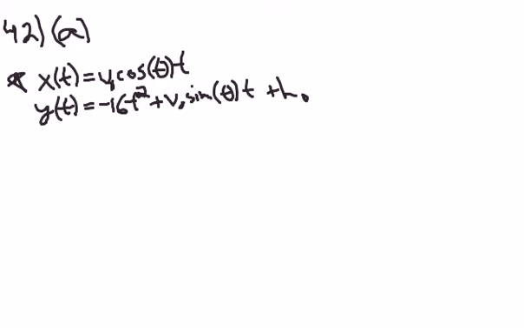Just to review here, we have v naught is the initial velocity, theta is the angle, and h naught is the initial height.